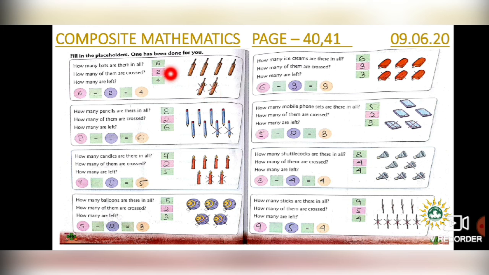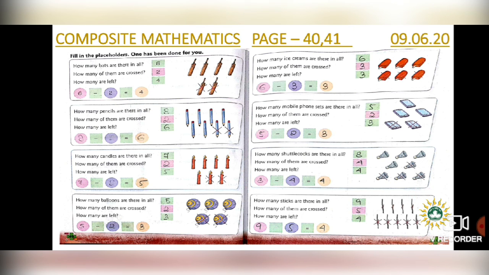So let's write 2 here. How many are left? Now we'll count the number of bats that are left. 1, 2, 3, 4. So 4. So after subtracting 2 from 6, we get 4. So we'll write 6 minus 2 is equal to 4. So this is how you have to complete the work.